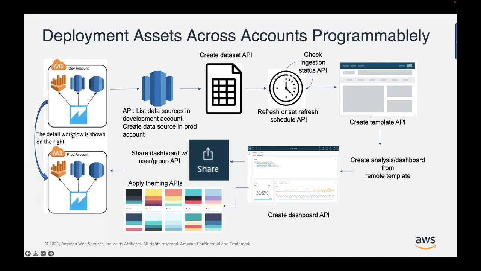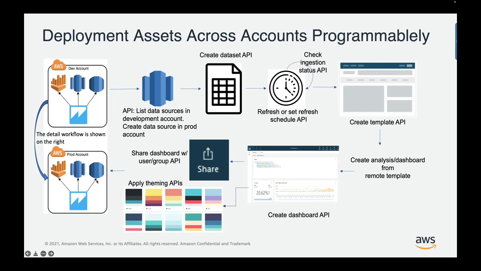So what you can do is call the API to list the data source in your development account. And then when you list it, you can continue to describe it. And when you describe it, you can get the JSON body. Then you can modify it by using any programming language to take the new credential in your production account.